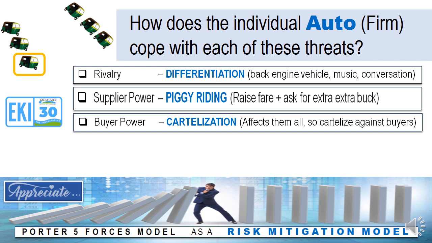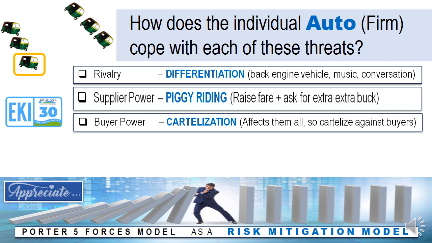Third, bargaining power of the buyer. What do you do? You cartelize. So many industries understand the power of cartelization very well. These chaps would come to a consensual decision that though they are technically rivals, they are affected by the same buyer power in an identical way.